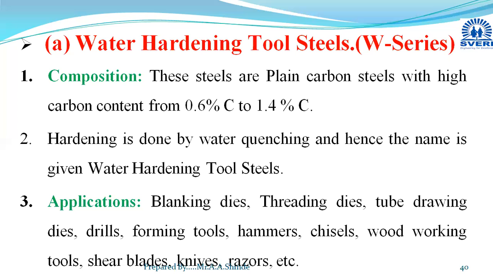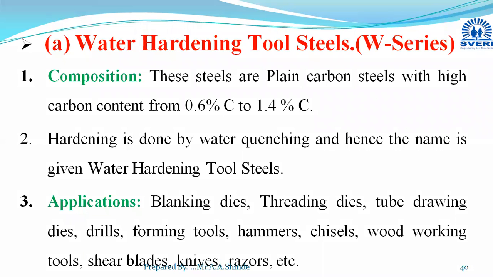Because when you heat these water hardening tool steels, they become soft in nature at higher temperature ranges. Hence you cannot use these steels. Whenever you use them at higher temperature ranges, they temper rapidly and become soft, and their hardness and strength will be very poor.